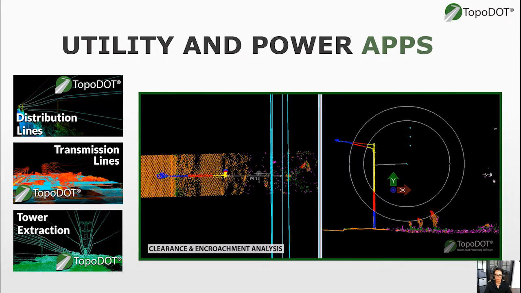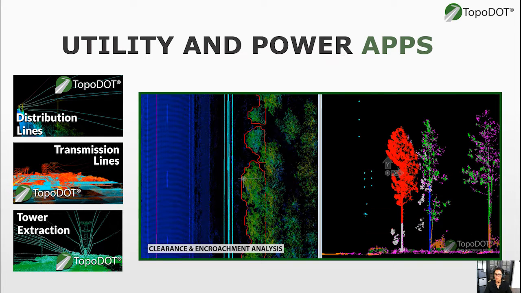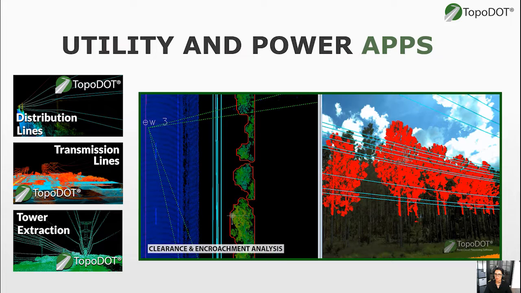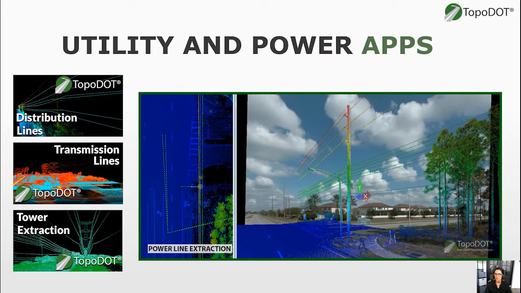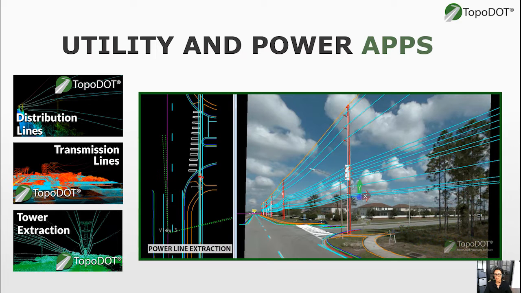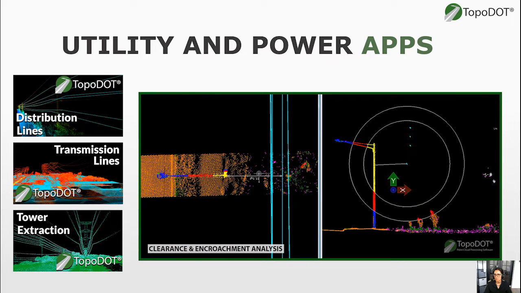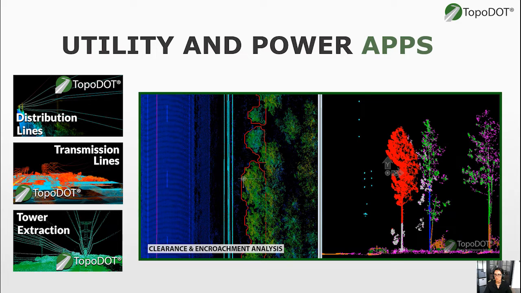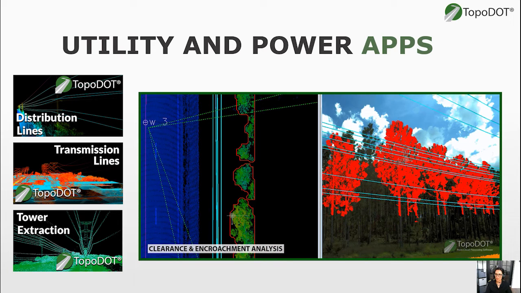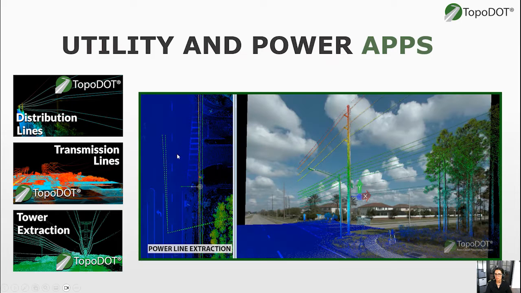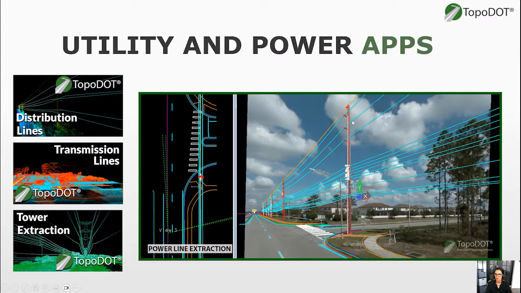So whether for power or communications, just being able to map corridors and do analysis on power corridors for encroachment analysis, clearances, attachment detection, asset identification, extraction, you name it. There are a lot of applications in this regard.